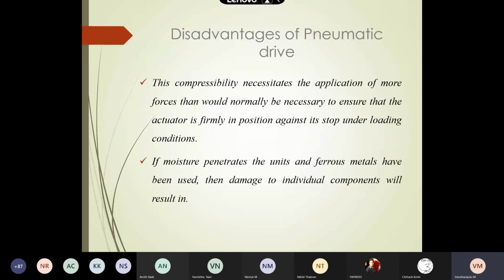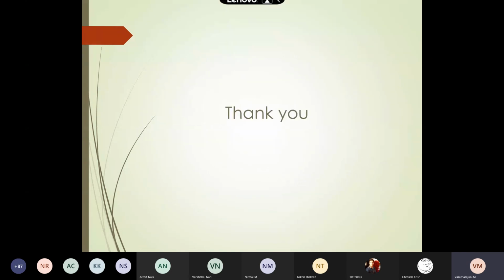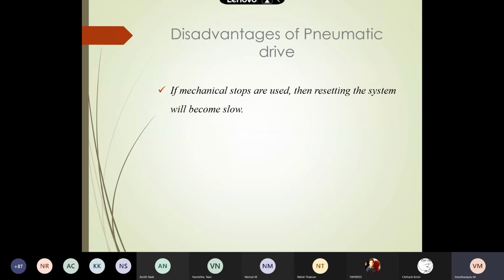The compressibility necessitates the application of more force than would normally be necessary to ensure that the actuator is firmly in position against its stop under loading conditions. If moisture penetrates the unit and ferrous metal has been used, damage to individual components will result. And as mechanical stops are used, resetting the system becomes slow.